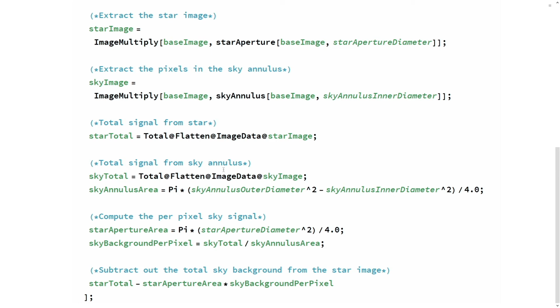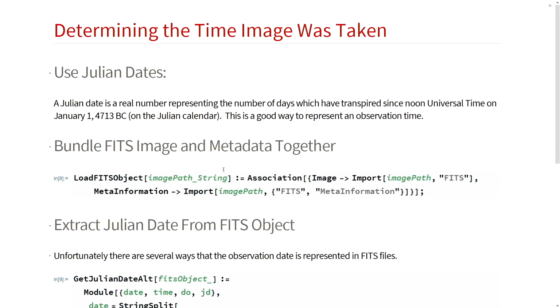And then the total signal that we're looking for minus the background is just equal to the star total minus the star aperture area times the sky background per pixel. So that's the bulk of our calculation.